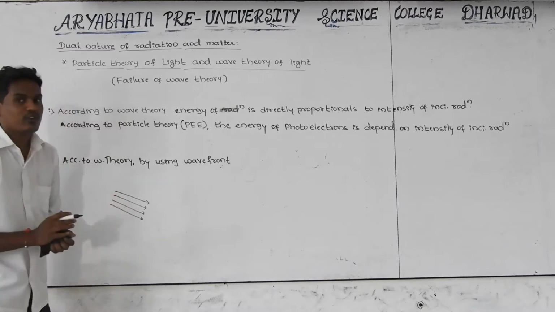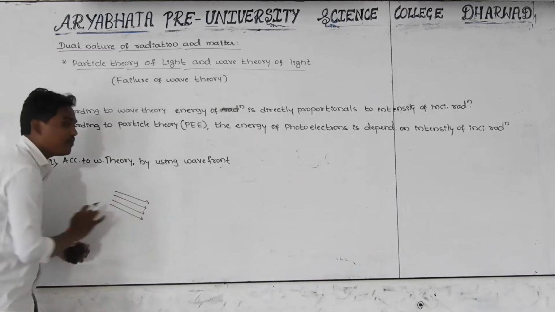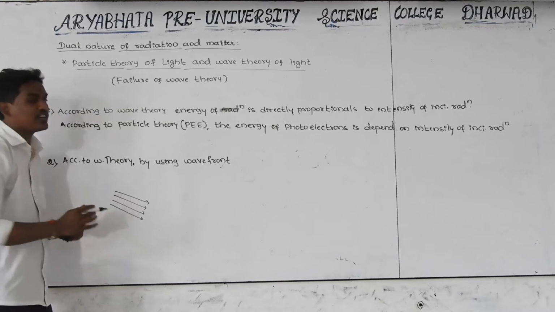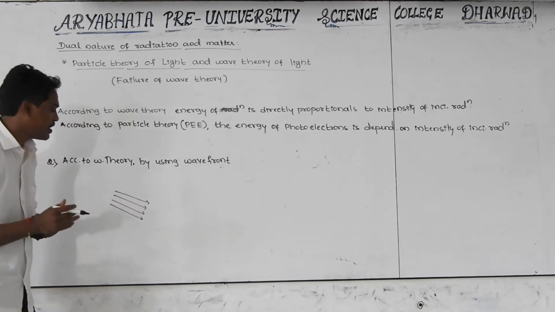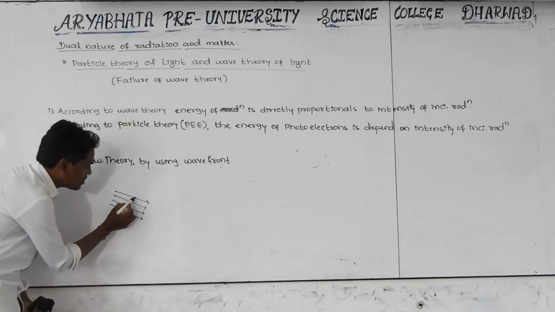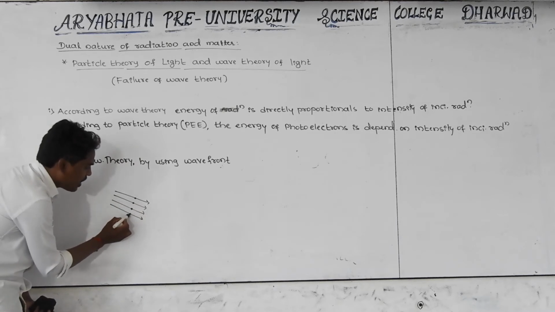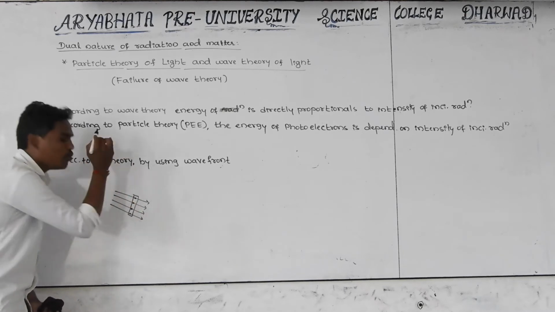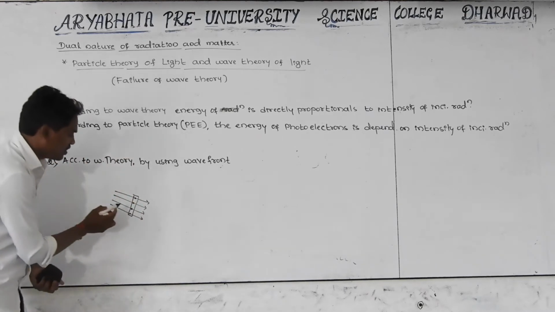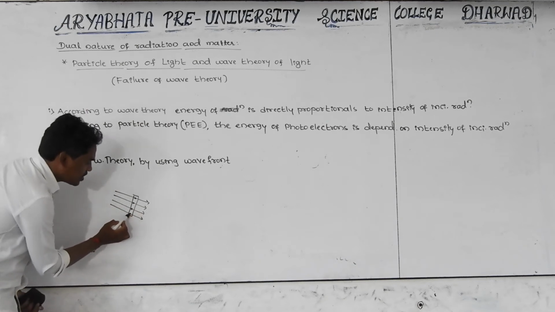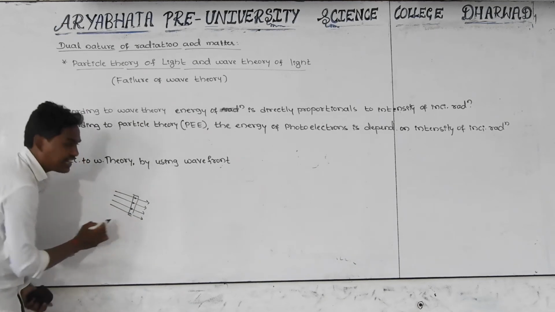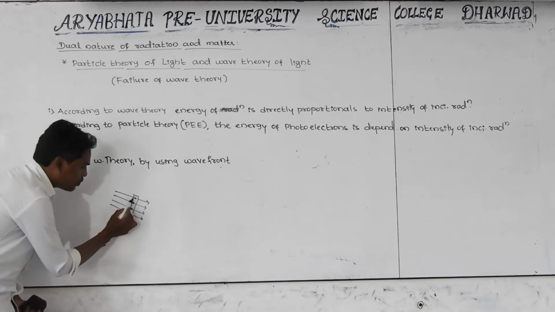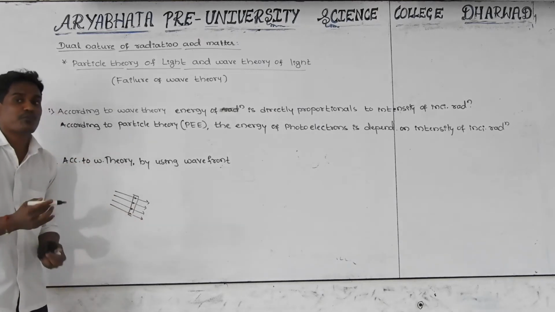All together I am going to call it a beam of radiation. I consider this point, this point and this point. This region, this plane of the light wave, is called a wavefront.